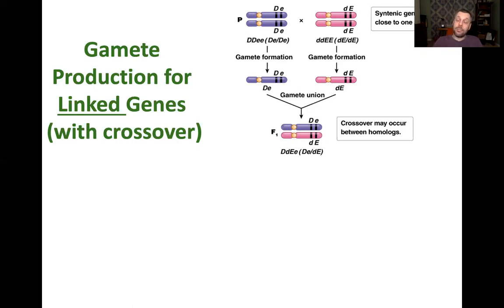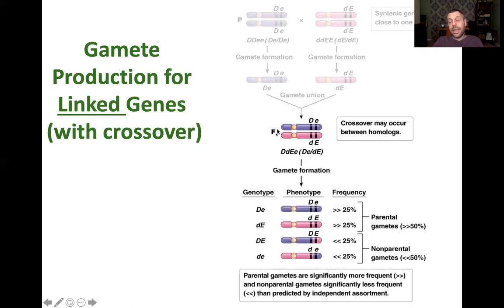But this time, there may be some crossover. So you could, for example, flip these two E's around from one chromosome to the other. If that occurs, you actually now get four different types of gametes.